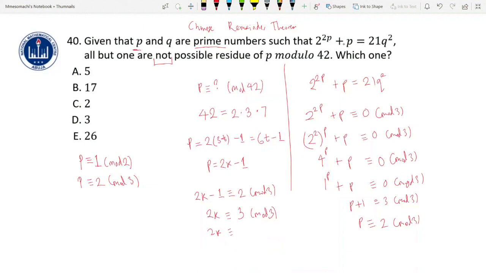So I basically want to find out what P is congruent to mod 6. Why? Because I'm going to apply Fermat's little theorem, and I'll also drop a link for Fermat's little theorem for those who are not conversant with it.